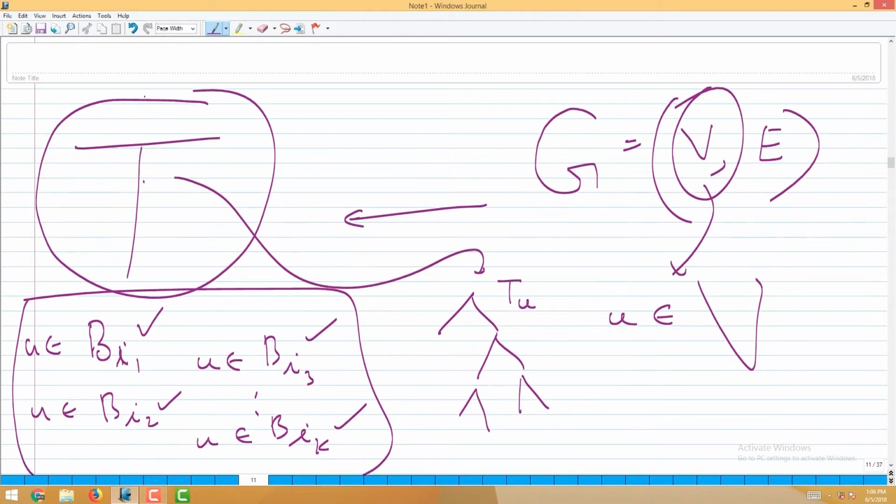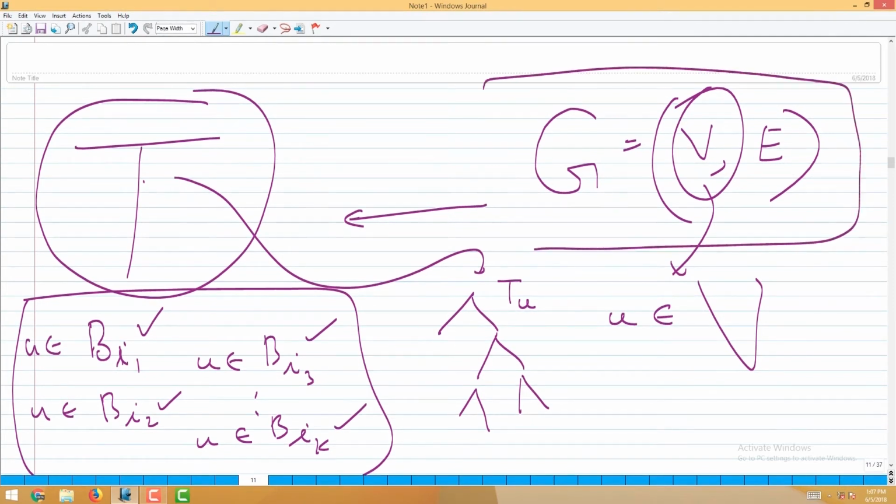Namely, each bag induces a maximal clique of G, and there is this connectivity property and all those things. Now I am claiming that the given chordal graph G is essentially an intersection graph of some subtrees of this conceptual tree.